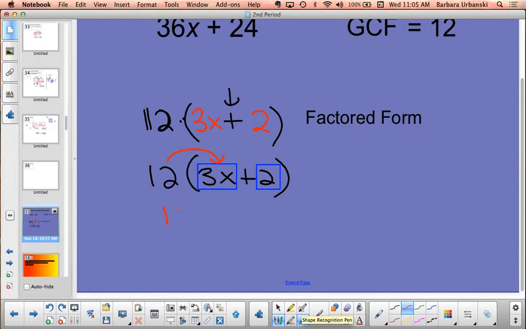So we would have 12 times 3x, keep our sign of operation, and then we would apply the 12 times 2, which is our second term. This would be considered expanded form.